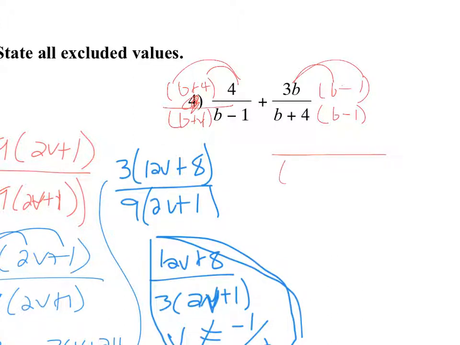So on the denominator, my common denominator now, oh, nice, that's awesome, because I've got b plus 4 times b minus 1. And that's the common denominator for both of them.